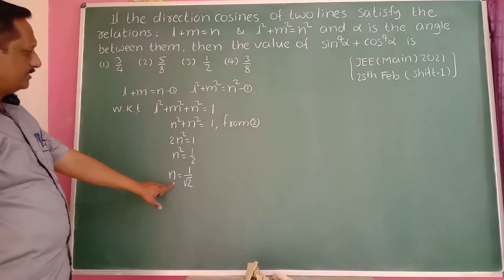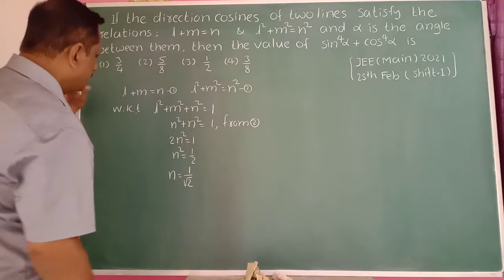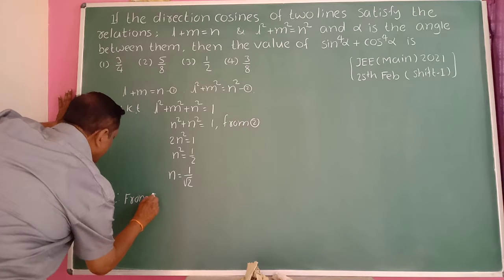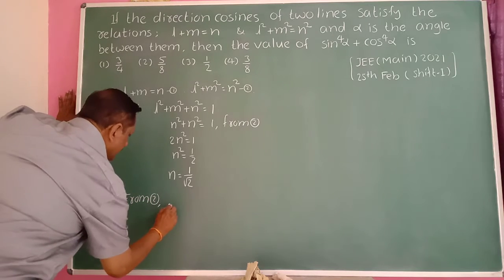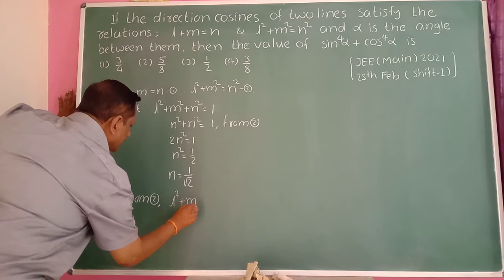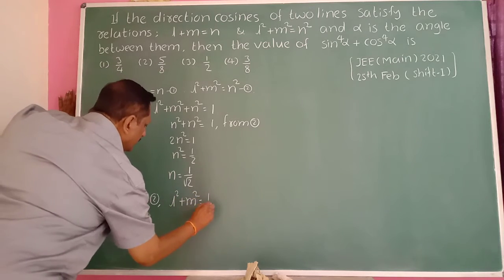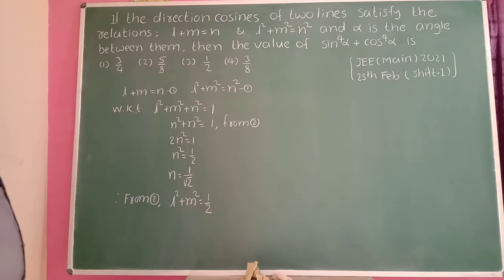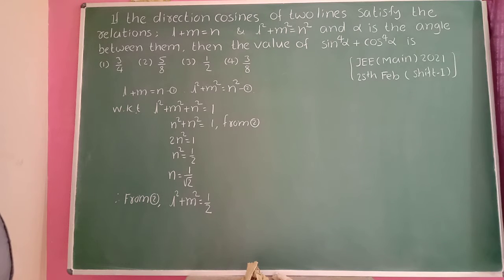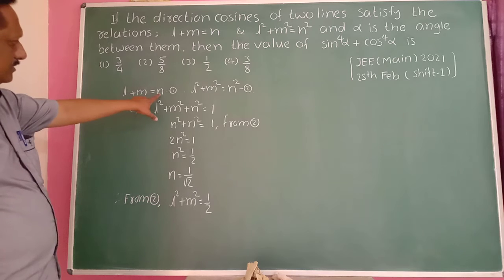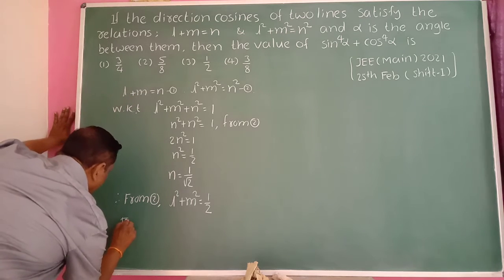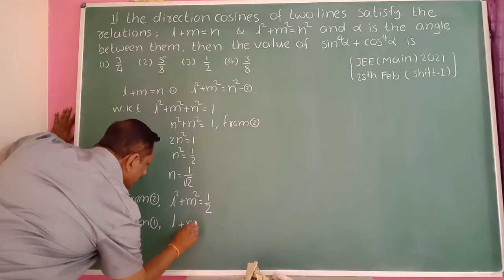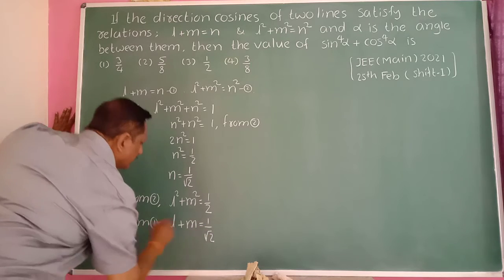So use this value. Therefore from equation 2, l² + m² = 1/2, since (1/√2)² becomes 1/2. Next, from equation 1, l + m = 1/√2.